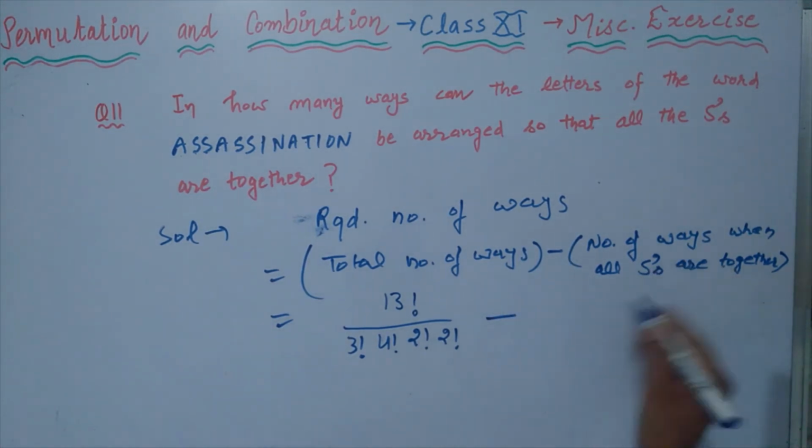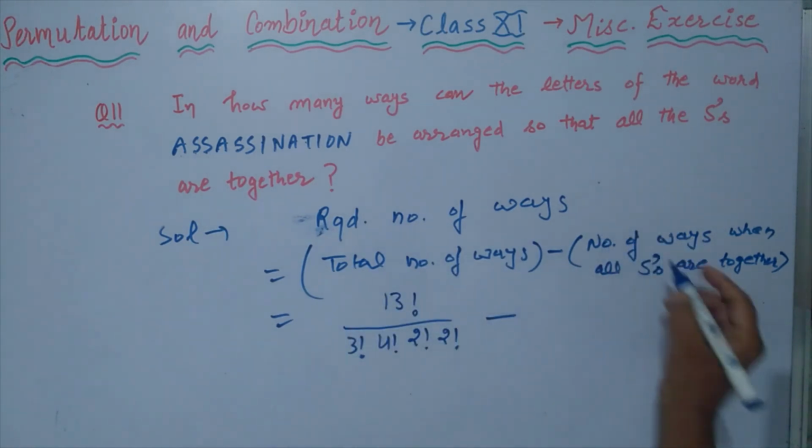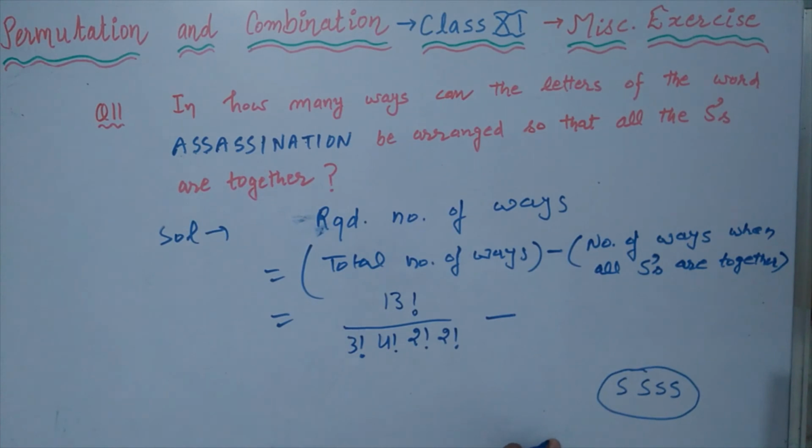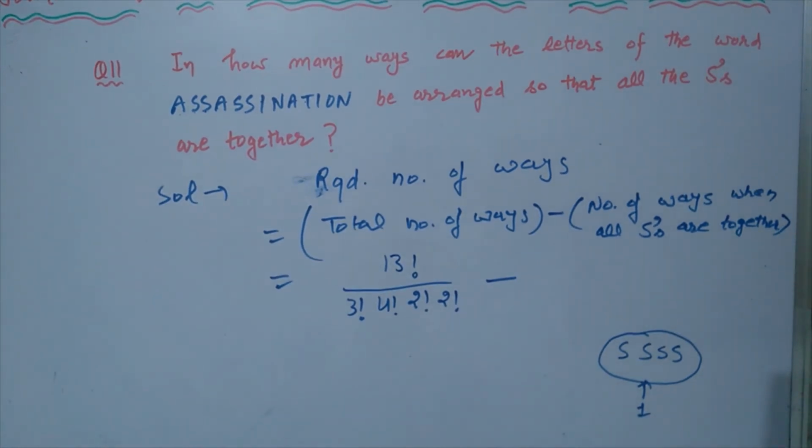Now keeping all S's together, what happens here? S S S S, they are kept together. Now how many letters are remaining? Consider all the 4 S's equal to 1 letter. Now how many letters are left?